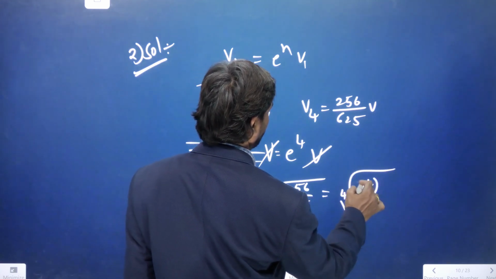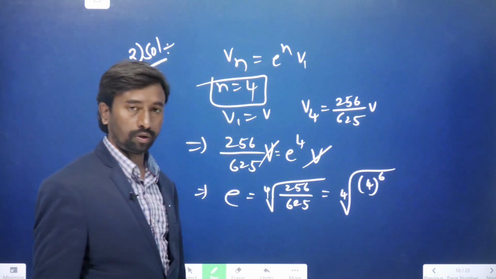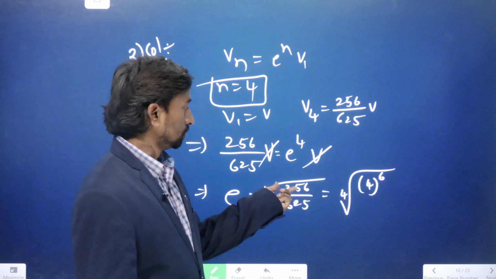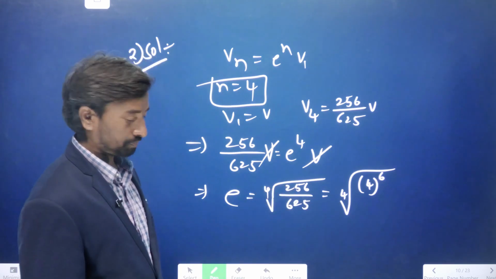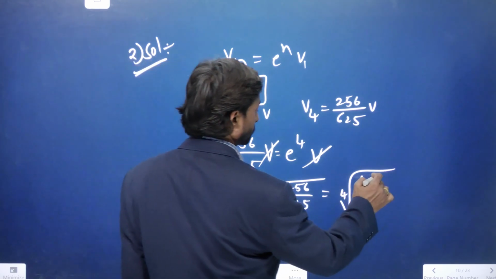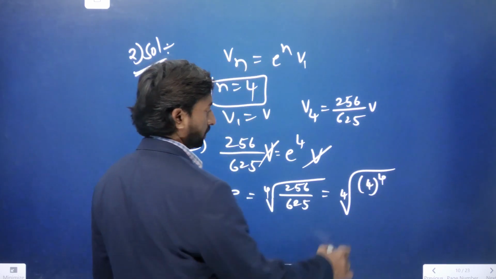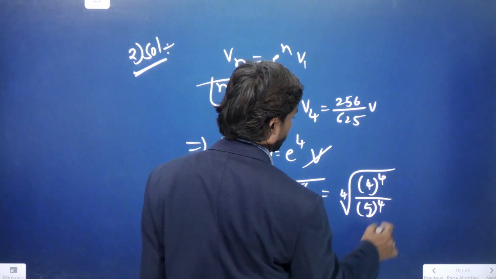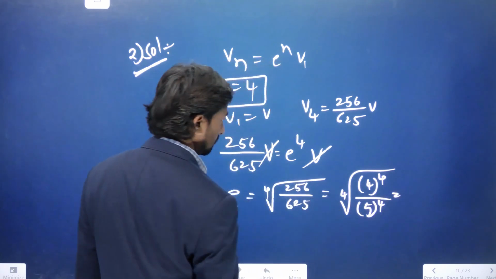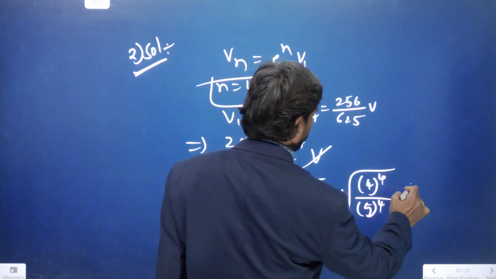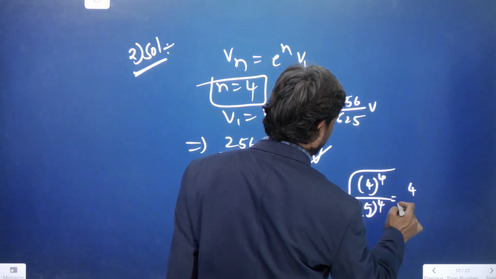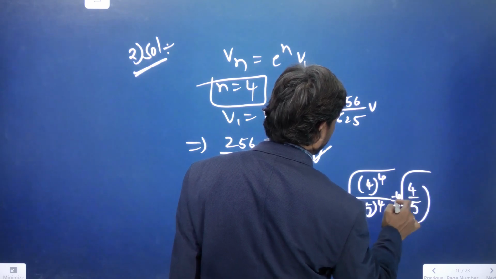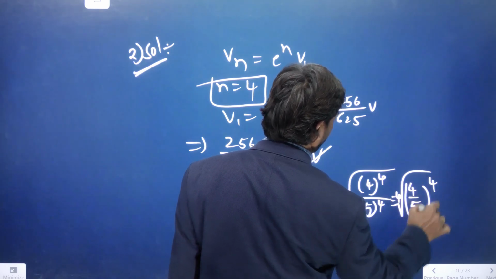This is 4 power 4: 4 into 4 is 16, 16 into 16 is 256. And 625 can be written as 5 to the power 4. So it is equal to 4 by 5, the whole power 4.